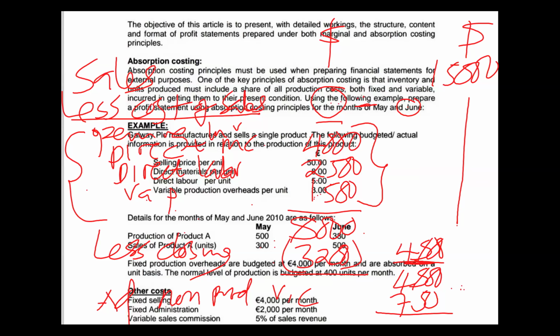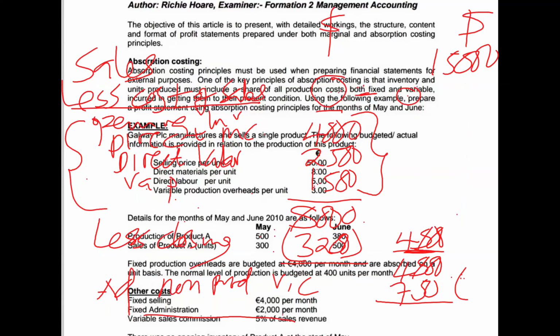Yes, sir. 750 plus 4,800 plus 750. What do you find? 5,550. 5,530?